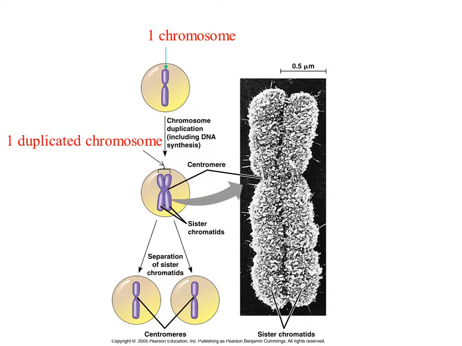And then further on in the slide at the bottom, you'll have those two chromatids separate. When they separate, we will then call it two individual chromosomes. But in the beginning, we have one chromosome that is replicated, and it is joined by the centromere. Then that chromosome will split during anaphase to form two chromosomes.